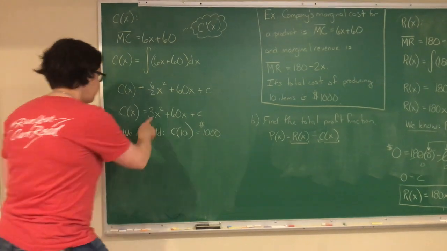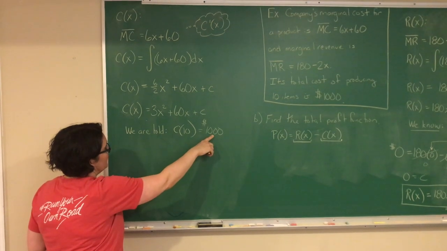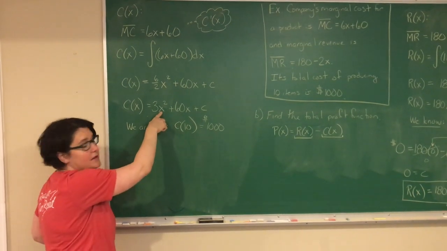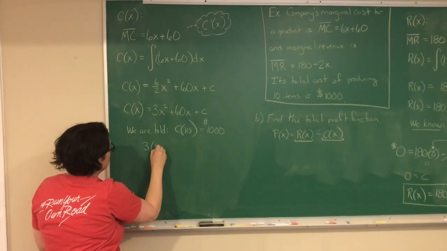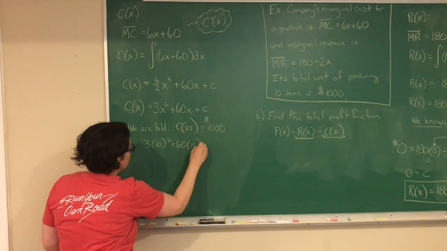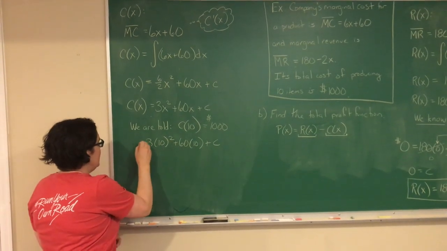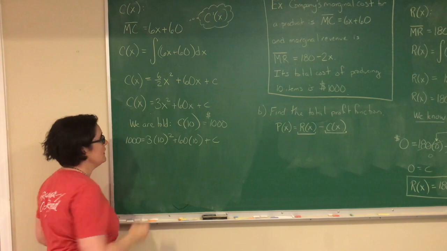All right, so what this tells us, the cost of producing 10 items is $1,000, says that if I plug 10 in for x, 3 times 10 squared plus 60 times 10 plus c, that expression had better be equal to $1,000.